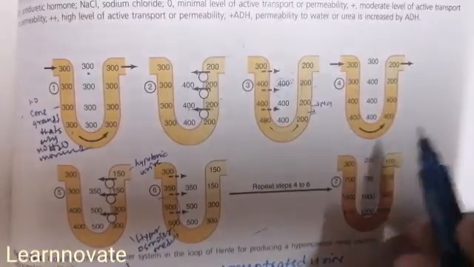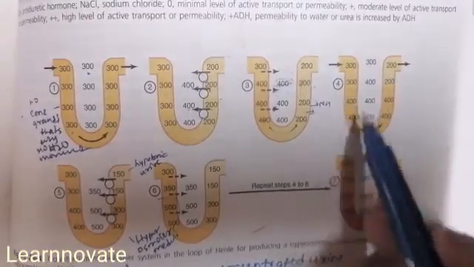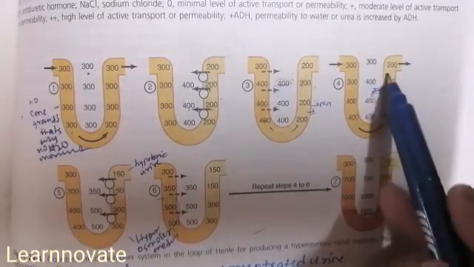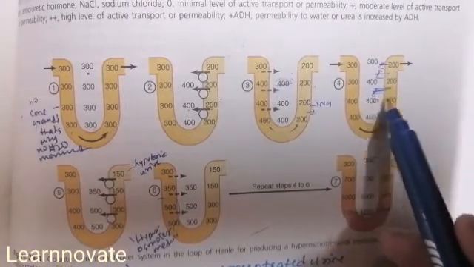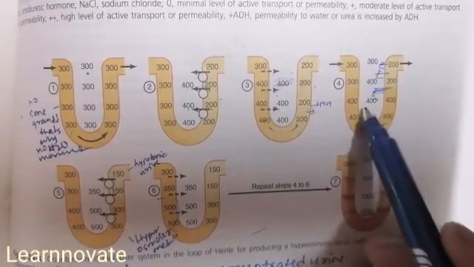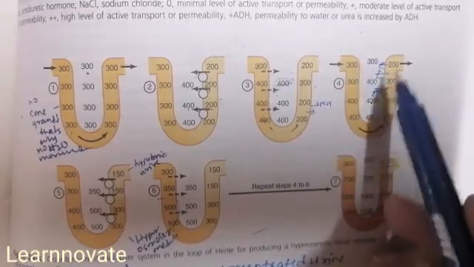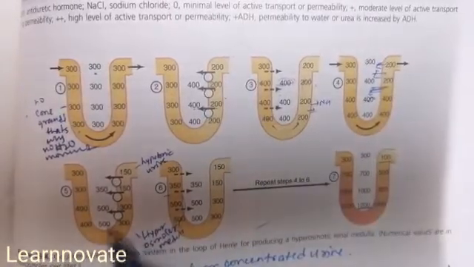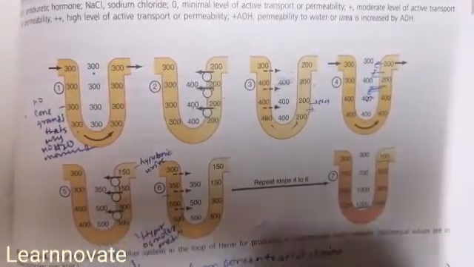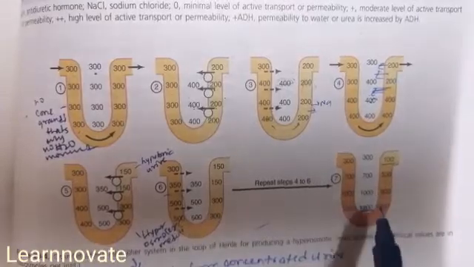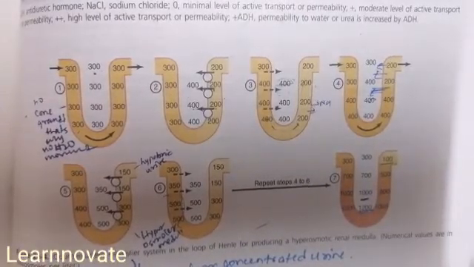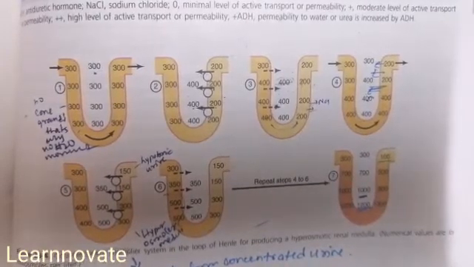Now in the fourth step, you can see that again fluid is coming and more solute is reabsorbed from the ascending part of the loop of Henle, and the medullary interstitium is maintained because of the presence of the loop of Henle. In the next step, this process occurs again and again until about 1000 to 1200 osmolarity, or hypertonicity, of the medulla is created.